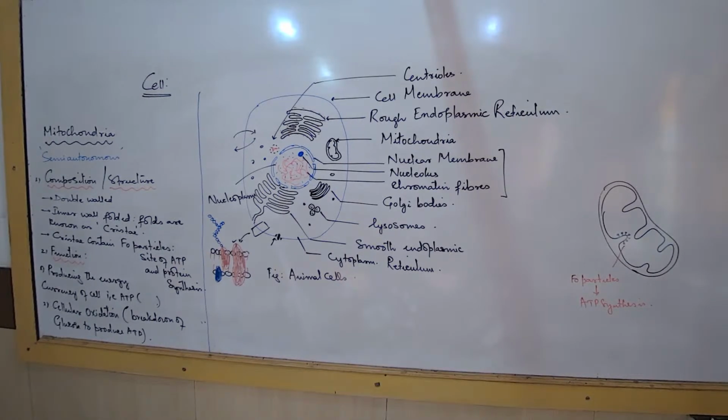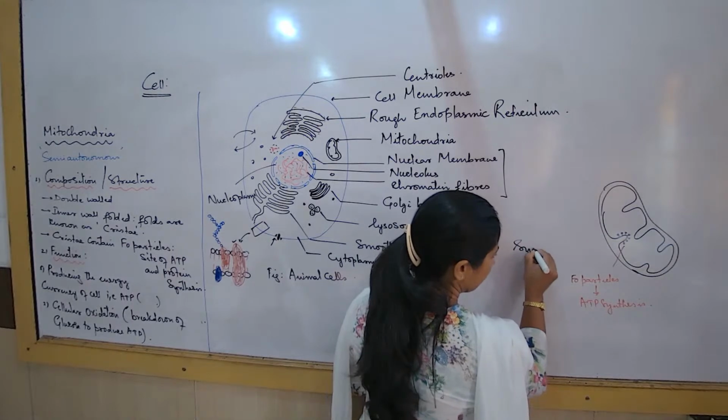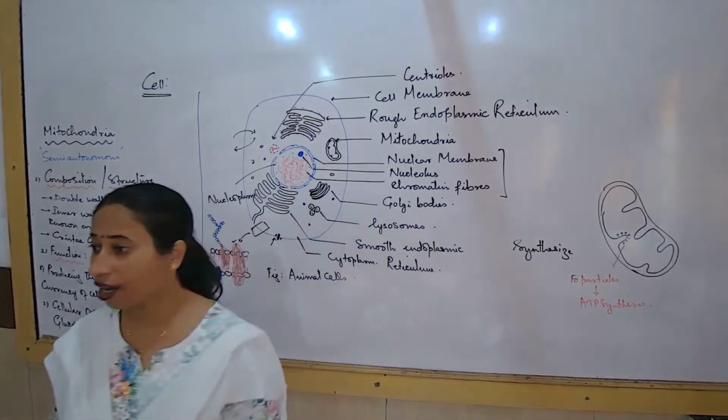Mitochondria is known as a semi-autonomous organelle because it has its own DNA and can synthesize. Now you're coming across all these spellings for the first time. Synthesize means formation, like photosynthesis we had.